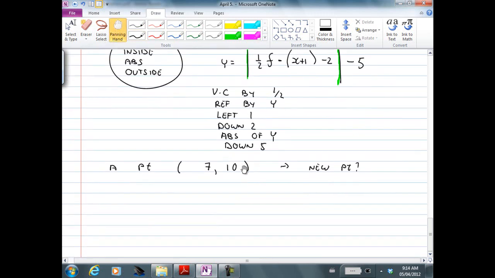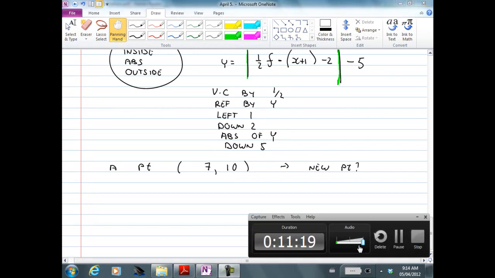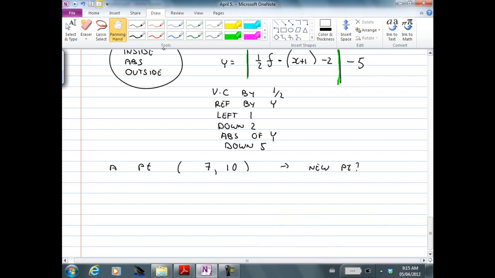So now, once I have this down, I can actually apply it. We go through this. I'm going to write down 7, 10. I could do the next one. 7, 5. And I do reflection, which is 7, negative 5.